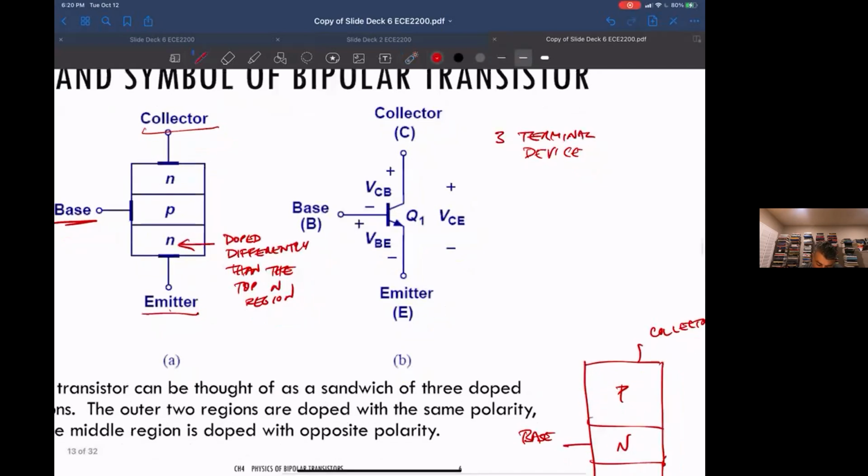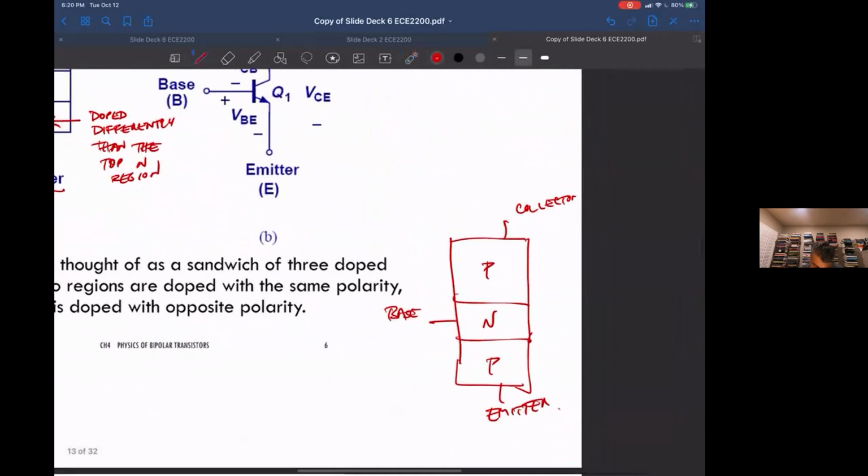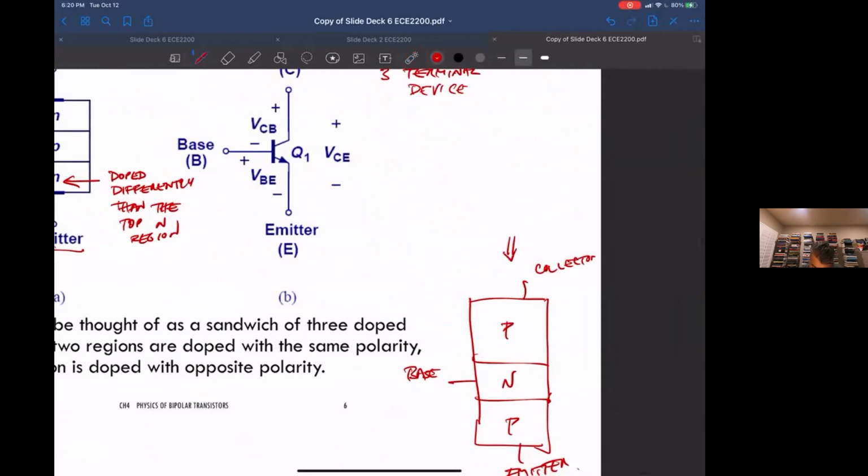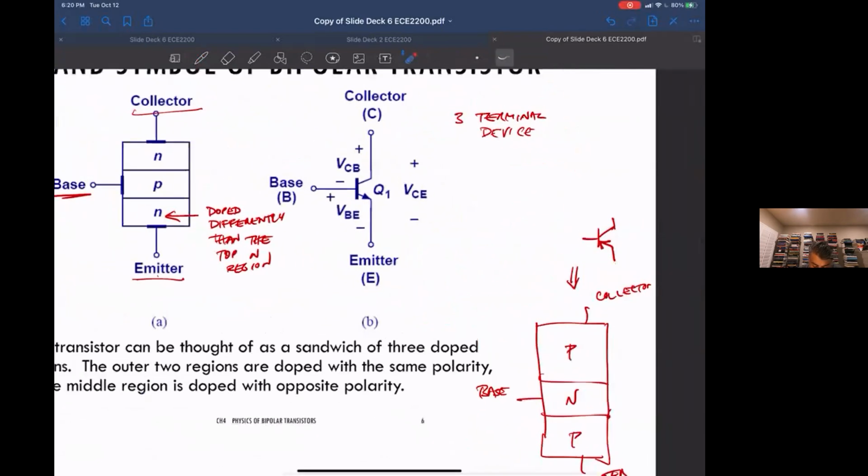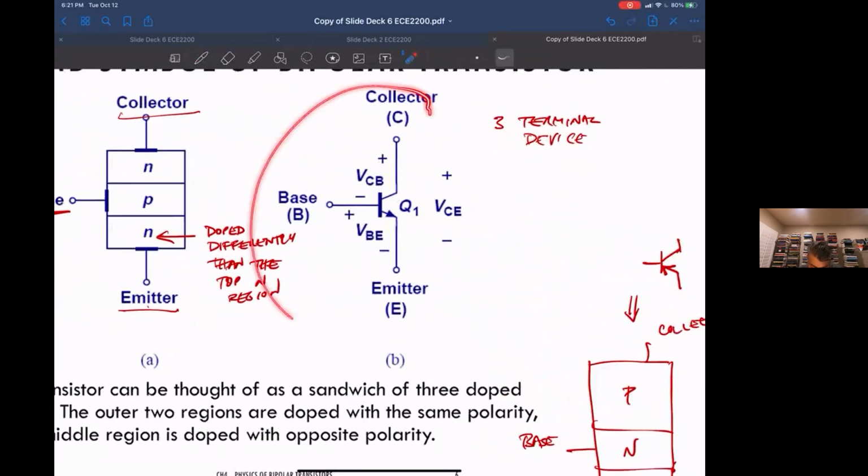A PNP looks similar, but the arrow points into the device as opposed to coming out of the emitter. The arrow is still on the emitter, but it's pointing inward. For the NPN, this is what it looks like: this is the base connection, collector, and emitter. We have three terminals.